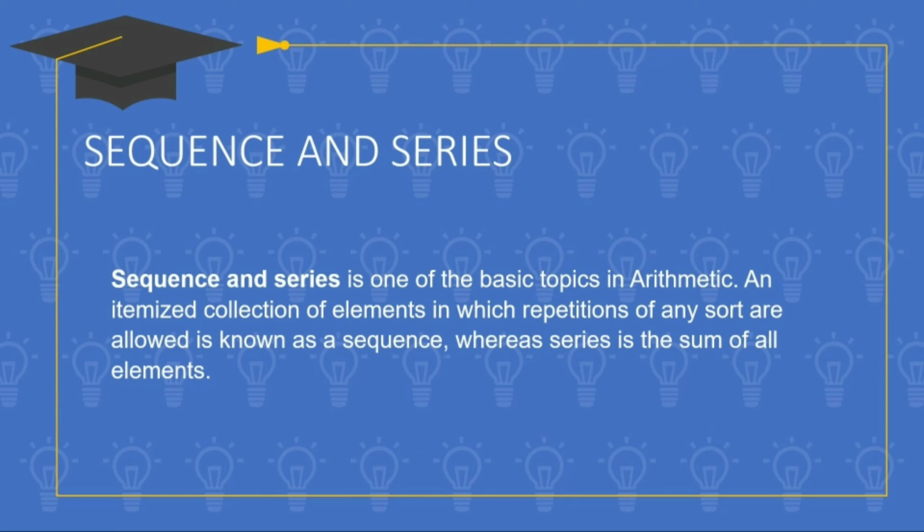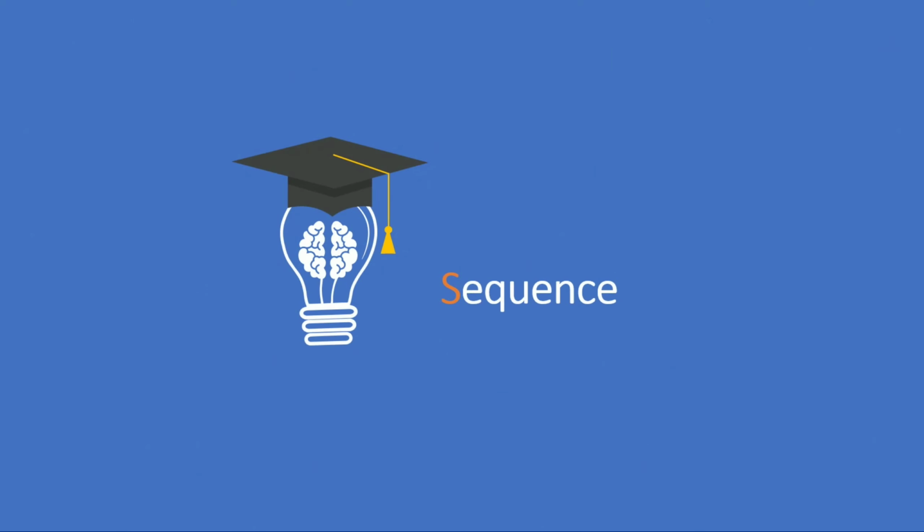Series and sequence are very similar to sets, but the primary difference is that in a sequence, individual terms can occur repeatedly in various positions. The length of a sequence is equal to the number of terms, and it can be either finite or infinite. Now, do you know what a sequence is?